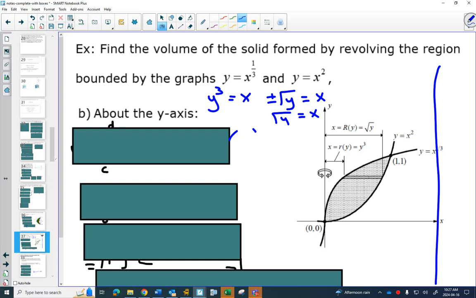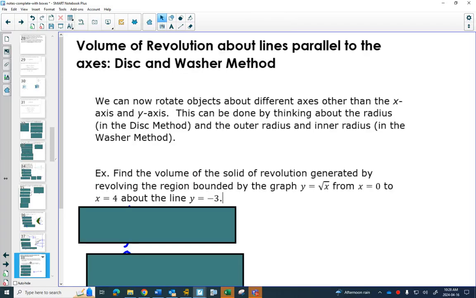It would have a hole on the top and the bottom of that one, because there would be a hole here, and then there'd be a hole there, and it would get rotated all the way around. And you'd have all these washers going around each way. That's what we're looking at next, when we revolve things parallel to the axis.